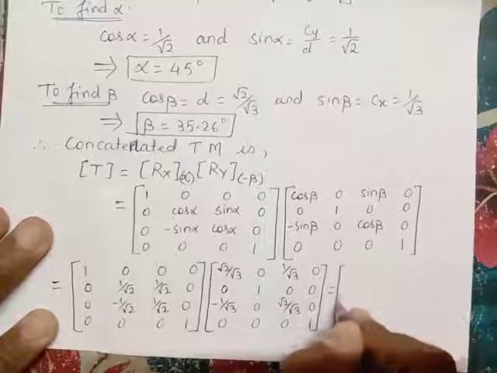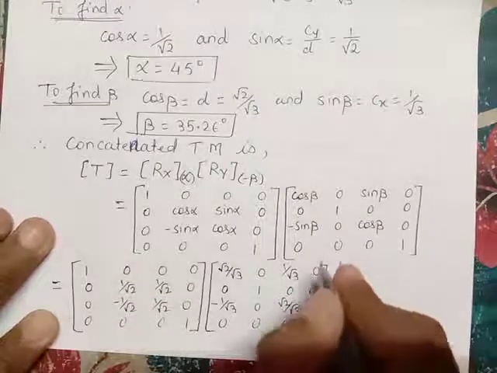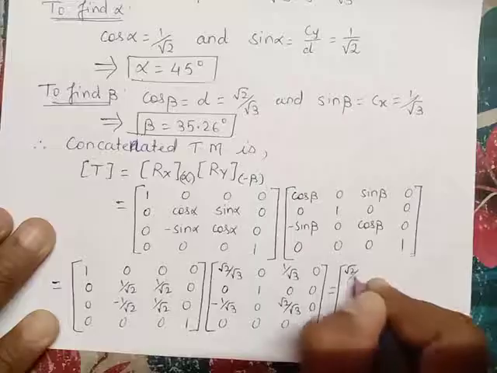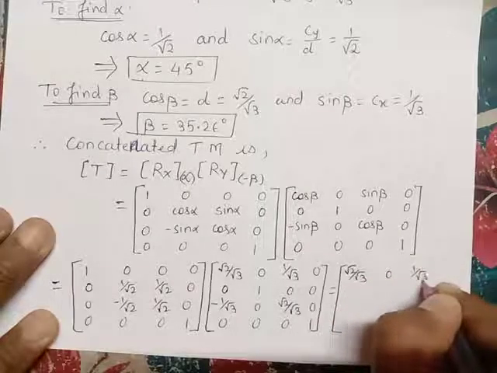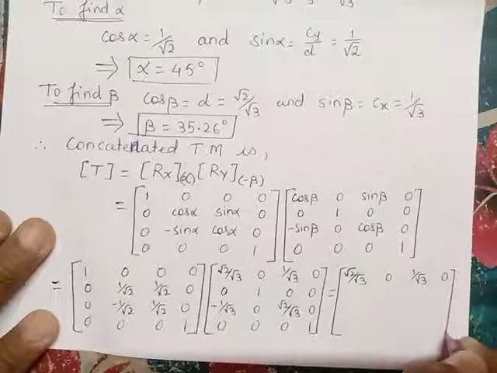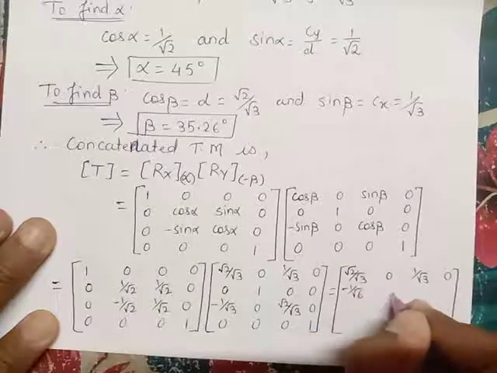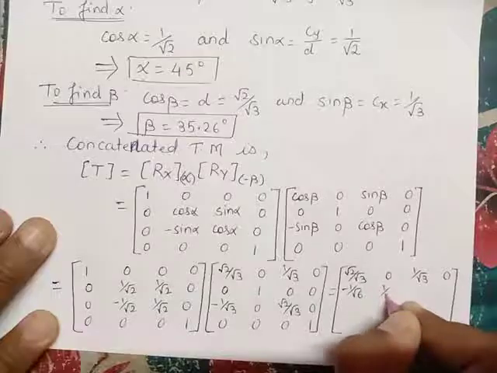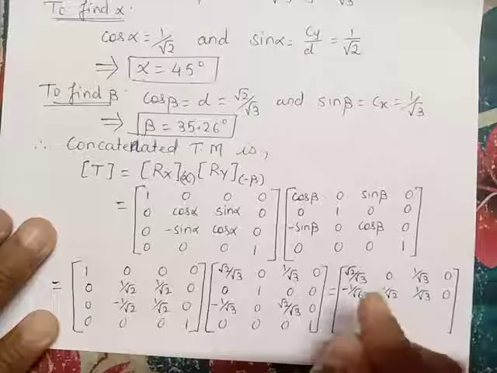And the product of them will give us the matrix root 2 by root 3, 0, 1 by root 3, 0. Then minus 1 by root 6, 1 by root 2, 1 by root 3, 0.